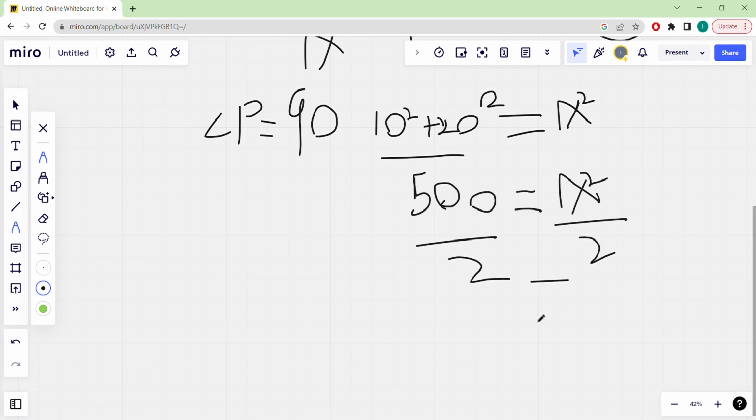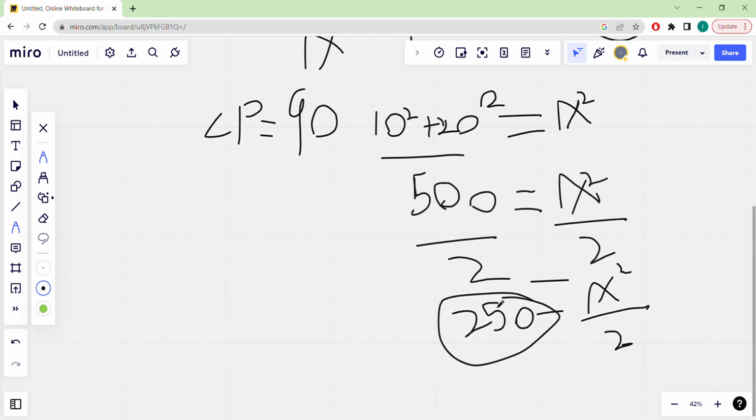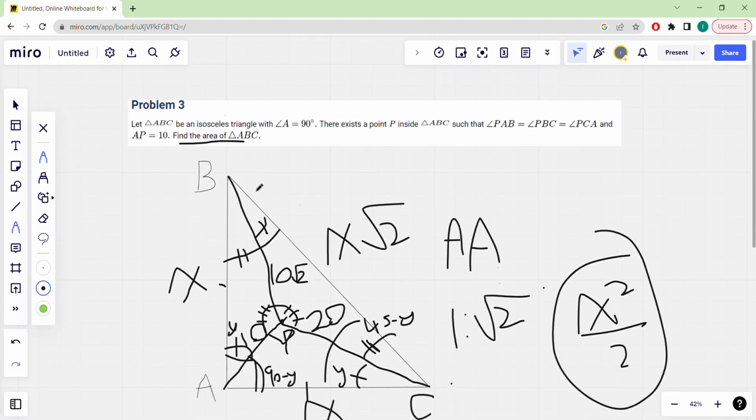We get x squared over 2 is equal to 250. So, yep, we want to find the area, so triangle ABC has an area of 250.